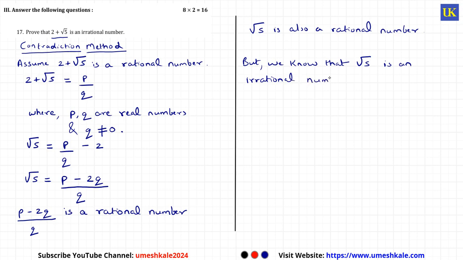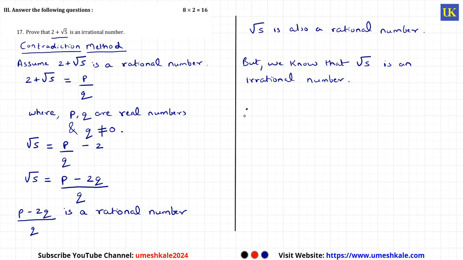See guys, any prime number inside a square root is always an irrational number. So root 5 is an irrational number. But solving like this with our assumption, we got that it is a rational number. This statement is wrong, because we know that root 5 is an irrational number, since any prime number inside a square root is always irrational.